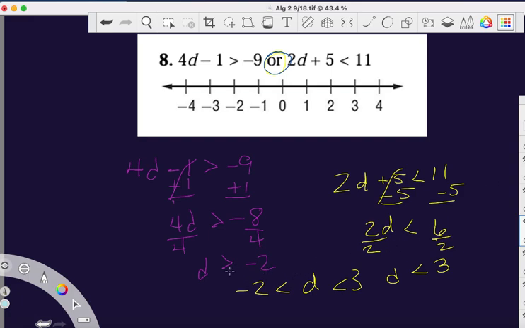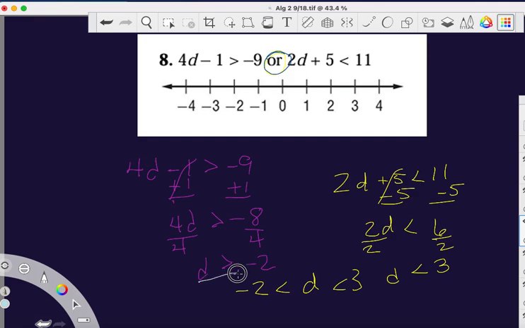Because, see right here? Negative 2 is less than D, or D is greater than negative 2. Aren't they the same? This is the same thing as this. I just changed the order, and when I change the order, I have to flip the inequality symbol. So the arrow is going to point to the negative 2. I didn't divide by a negative, right?